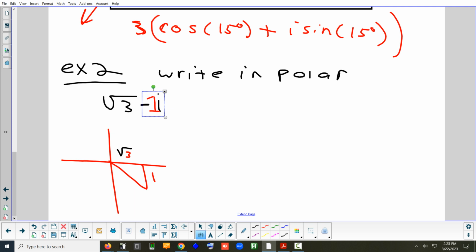Okay, what's my formula to find theta if I'm in quadrant 4? Just the inverse tangent of y over x. And which number here is y and which number here is x?